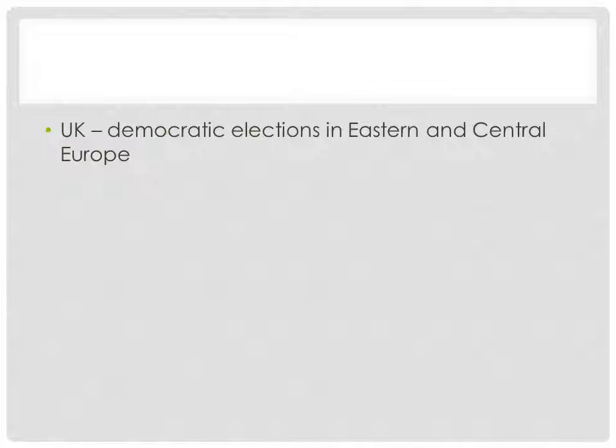And so the UK wanted democratic elections in Eastern and Central Europe. The US wanted the Soviet Union to enter the Pacific War. For the most part, the US kind of held a maintaining war in a way in the Pacific.